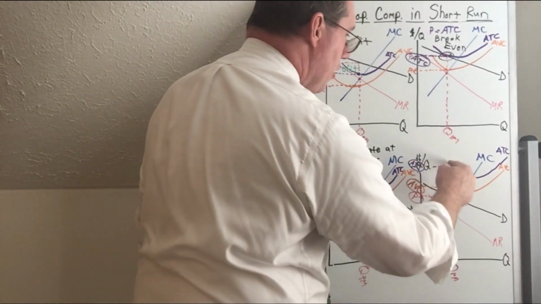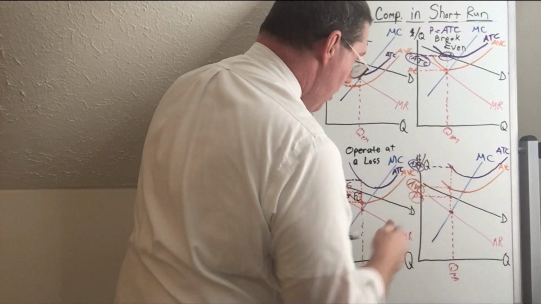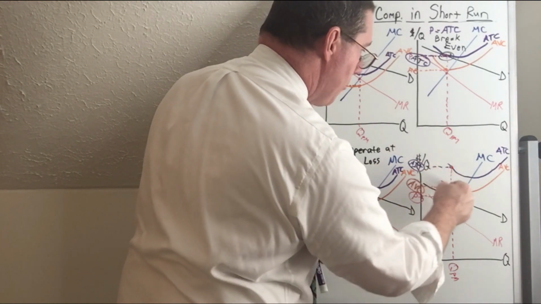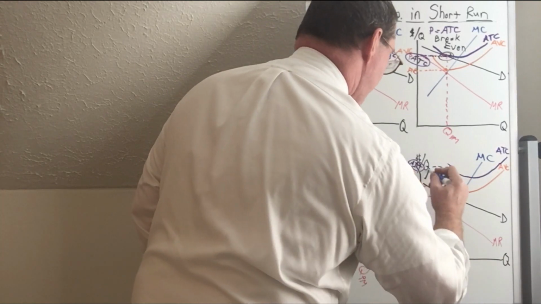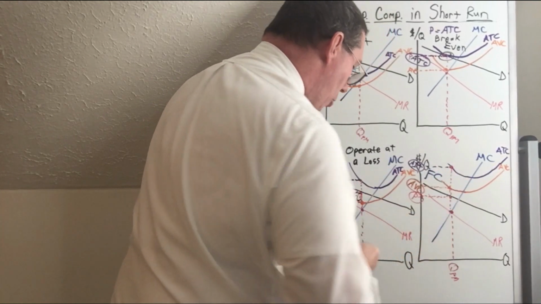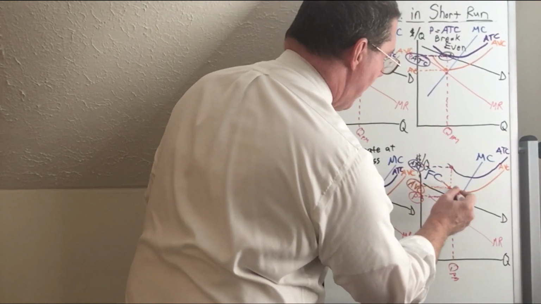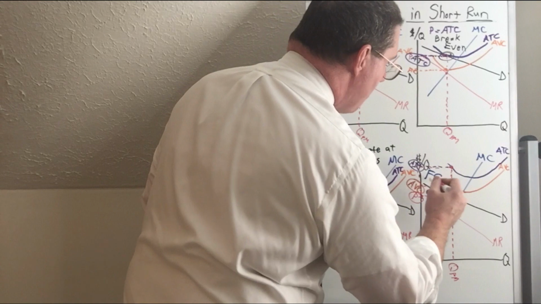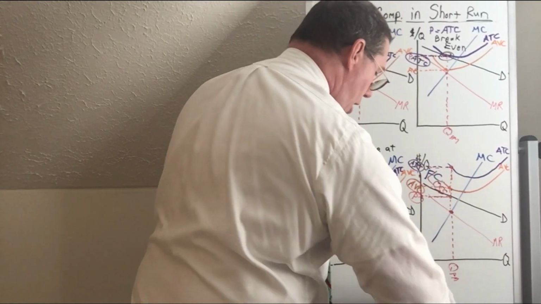This huge loss right here, this rectangle right in here, represents our fixed costs. So here's our fixed costs, but our loss is represented by this larger rectangle. Our loss from operating is larger than our fixed costs.